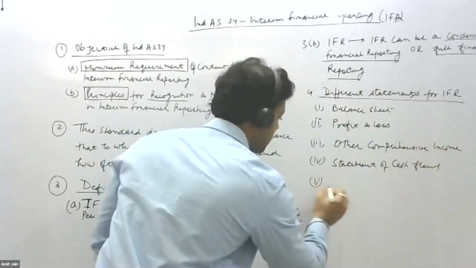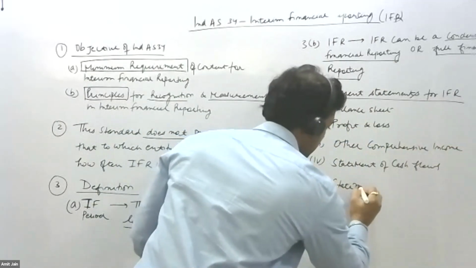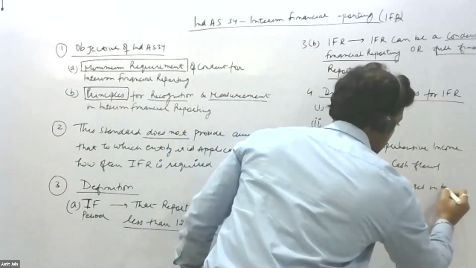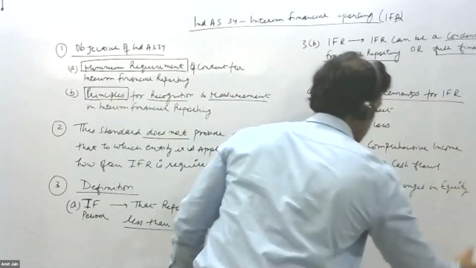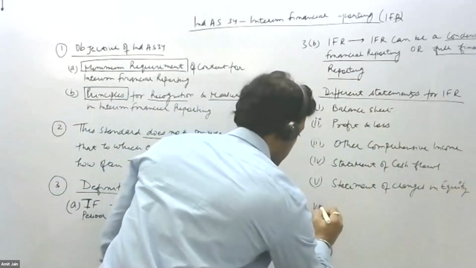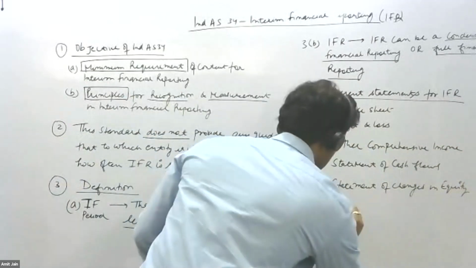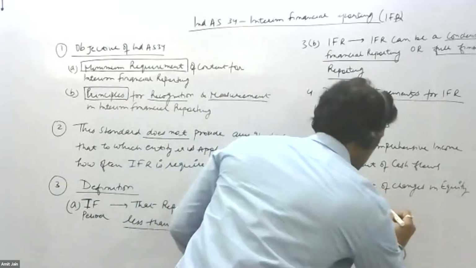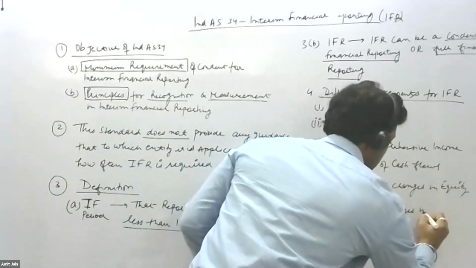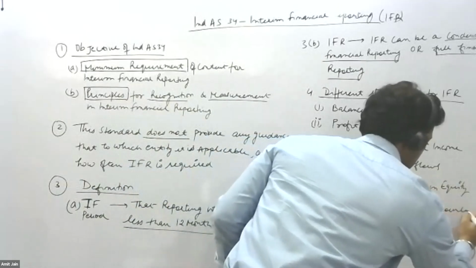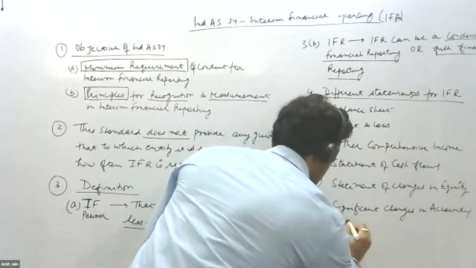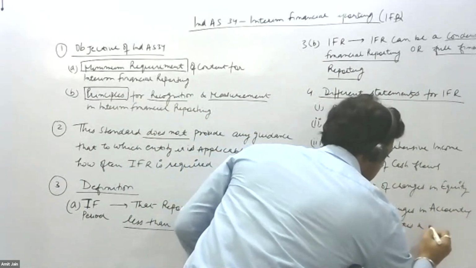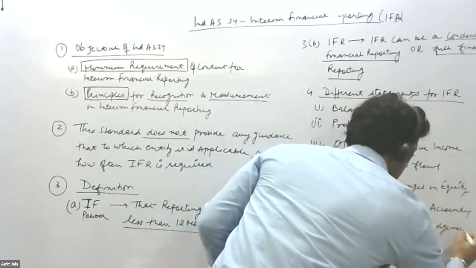Correct. Fifth is statement of changes in equity, right? And the sixth point is significant changes in accounting policies, estimates, and judgments, right?